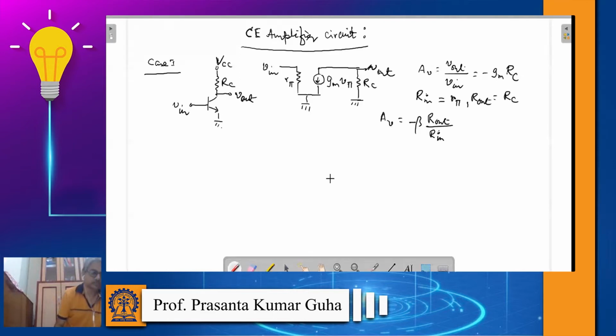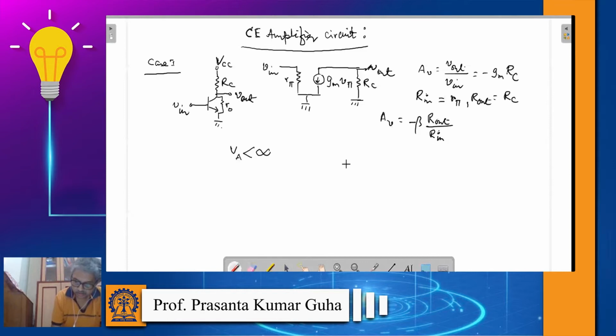So if we know R out and R in, we will be able to find out the gain of the circuit, okay. Now if we consider that VA is less than infinity, that is there is a finite R naught, small R naught, so R naught comes in here basically, okay.